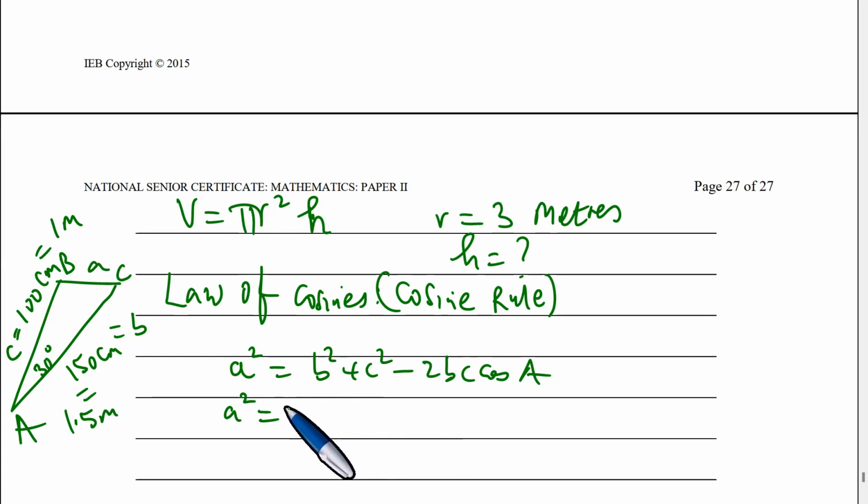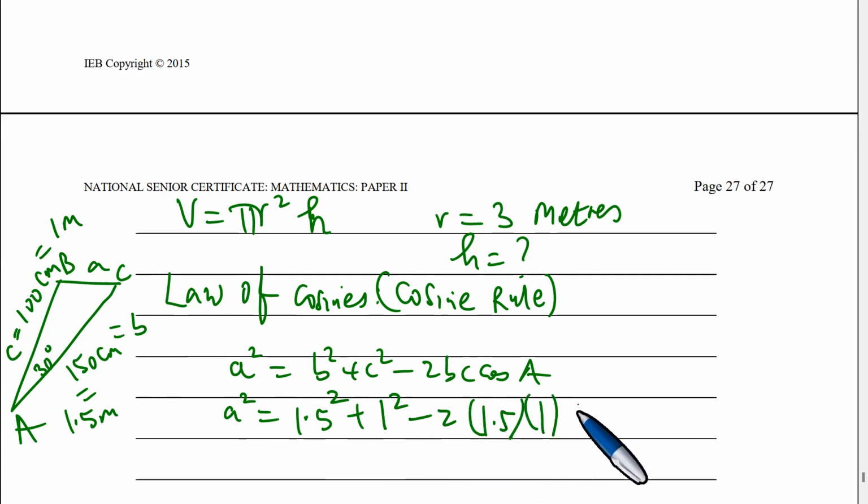So which means that b is going to be 1.5 squared plus c is 1 squared, minus 2 times 1.5 times 1 times cosine 30 degrees, like this.